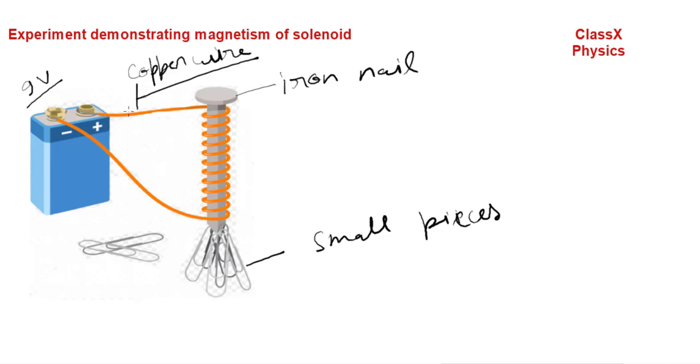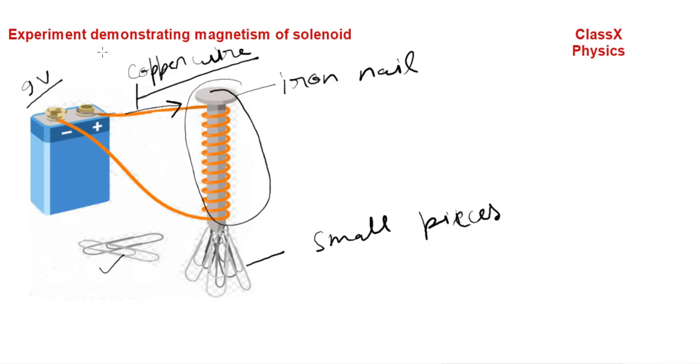So when current is flowing in this iron nail through the copper wire, it produces magnetism. It behaves as a magnet, and the pieces of iron are attracted by the iron nail. We can observe it.